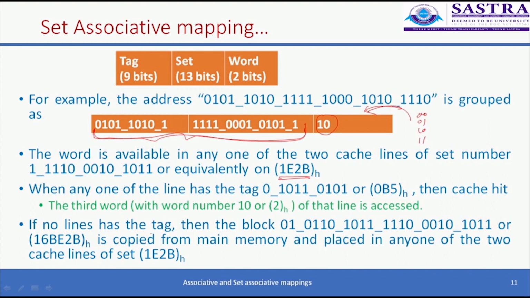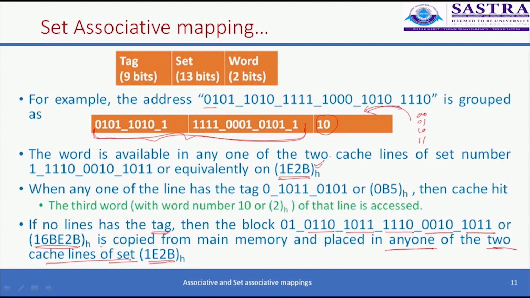If no lines has the tag, then the block 0 1 0 1 1 0 1 0 1 1 1 1 1 0 0 0 1 0 1 0 1 1 or the corresponding hexadecimal number is copied from main memory and is placed in any one of the 2 lines of the set 1E2B in hexadecimal.